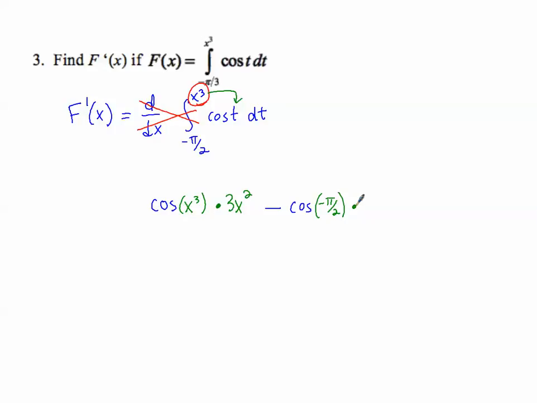That's a constant, so that's times 0. Remember, multiplying by 0, that's gone, so I'm left with just 3x squared times cosine of x cubed. So we remember to apply the chain rule when we're plugging in more than just x.